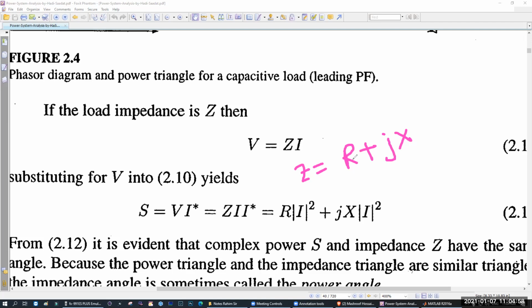So in complex form they are R plus JX. If I multiply by I square, the R and I square will be multiplied, and the J X will be multiplied by I square. Understood? This is your S, another formula.